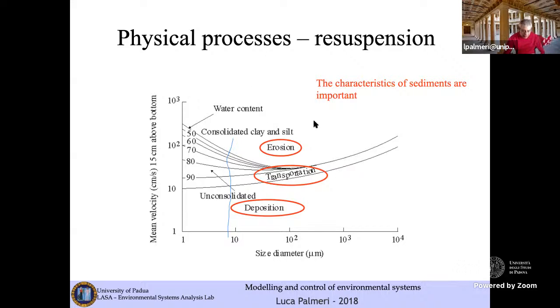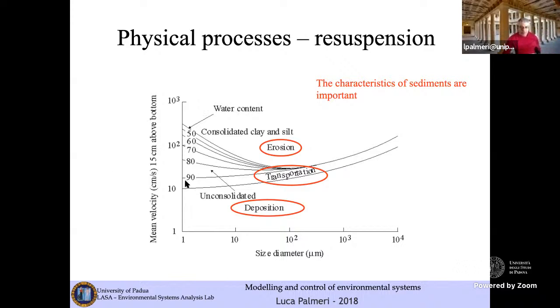You see, by this graph we obtain a relationship between the characteristics of the sediment, in terms of size, diameter, and consolidation degree, and the speed of the sediments at 15 centimeters above the bottom.